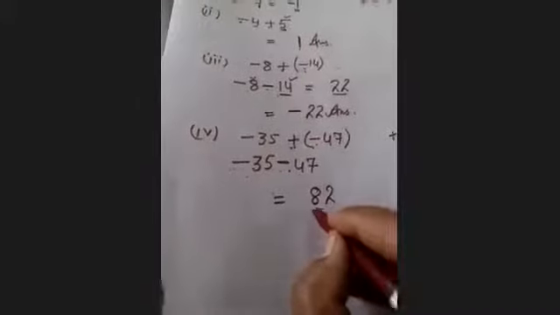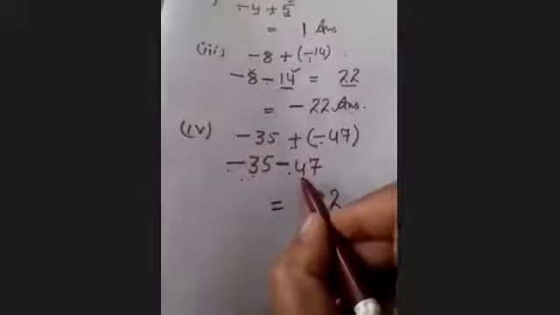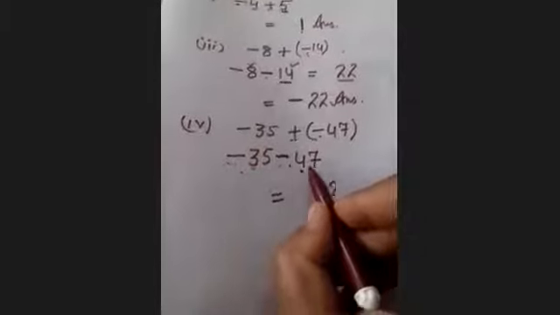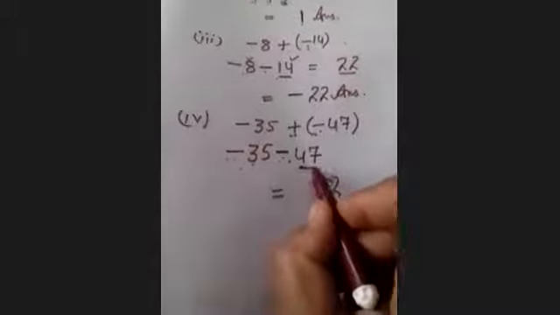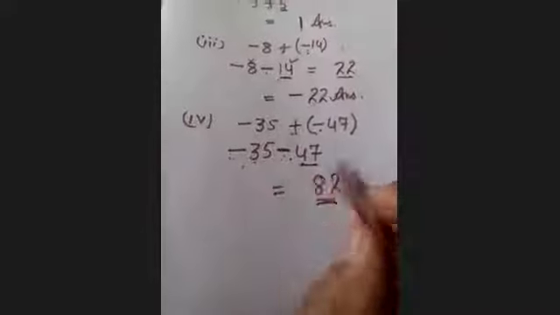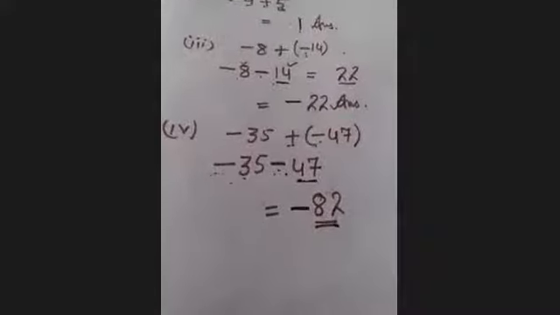Now note, is 82 positive or negative? The first number is 35, the second is 47. 47 is greater and our greater number is with a negative sign. So the result will be negative. So your answer is -82.